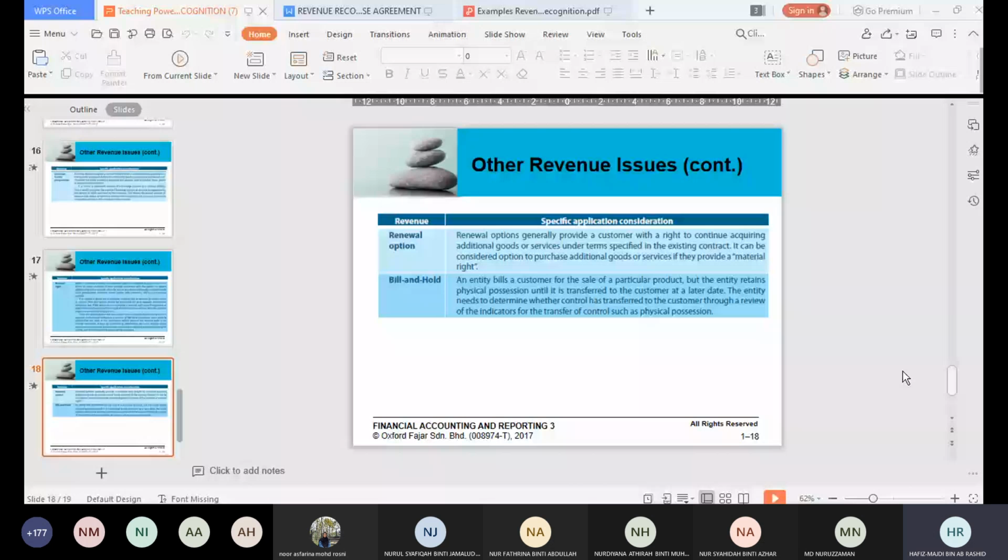So you bill your customer, but you still hold the physical possession of the asset, where the transfer of this physical possession could only be done later. So the issue here is, can you recognize the revenue at the date of the billing, or could you recognize the revenue at the date when the physical possession is transferred, that means at the later date?